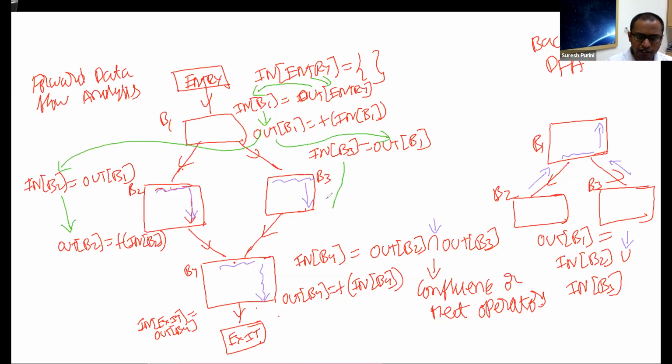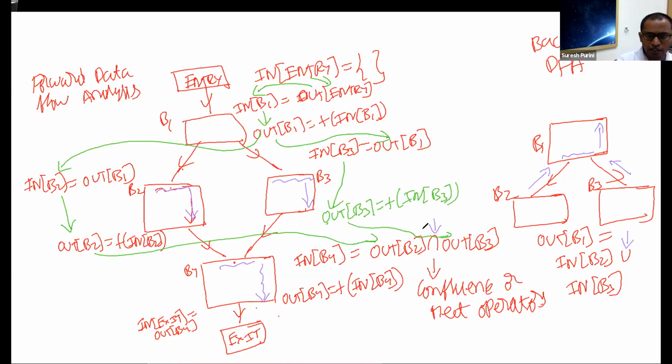Let's say we can have out of B3 is equal to f of in of B3. And once we have this, you can use this information here, and you can use this information here. That's how you can propagate this information forwards, and finally we can compute.